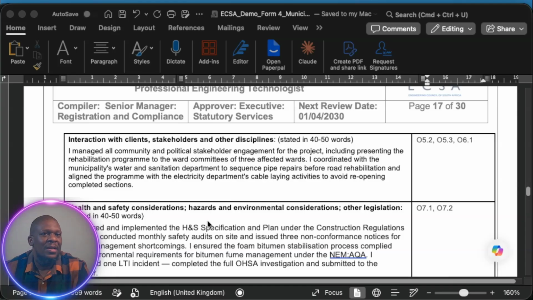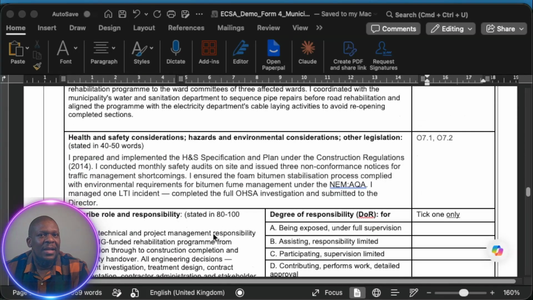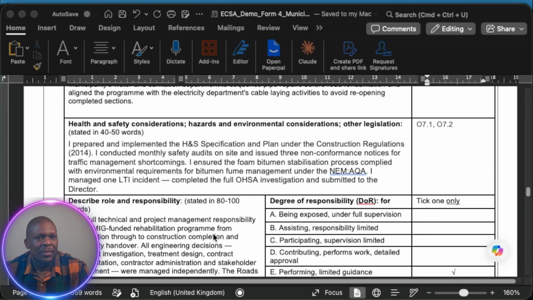Then, in terms of health and safety, I prepared and implemented a health and safety specification under the construction regulations. I conducted a monthly safety audit, of course with a safety officer, and issued a non-compliance or non-conformity notice where there were shortcomings.